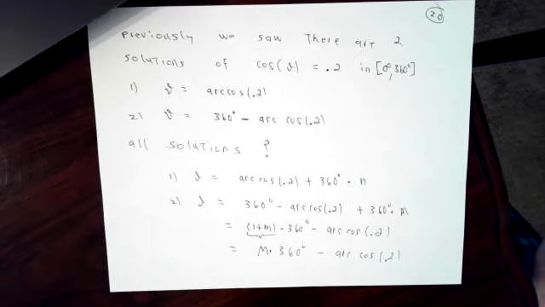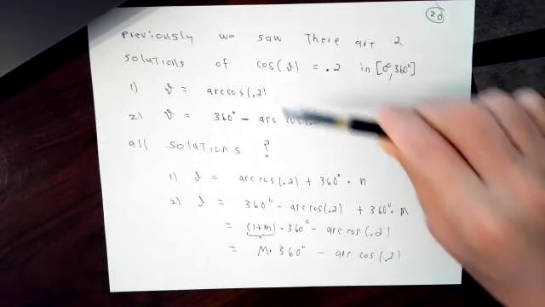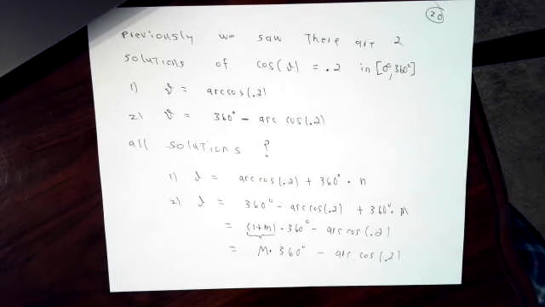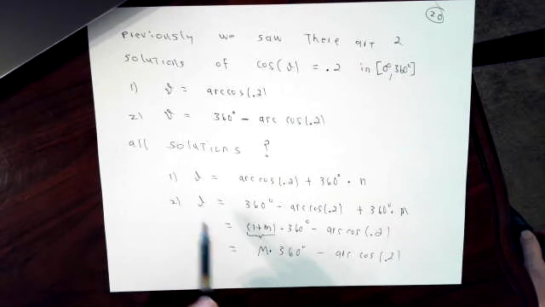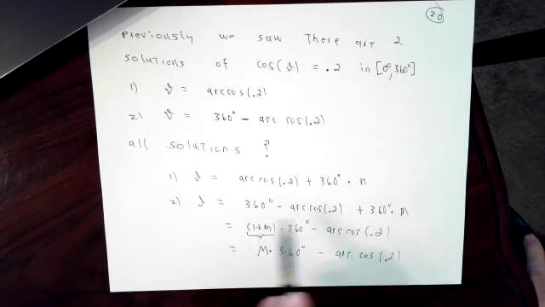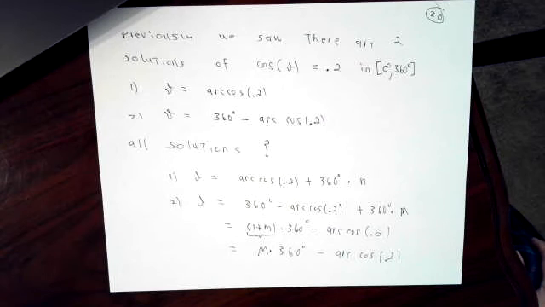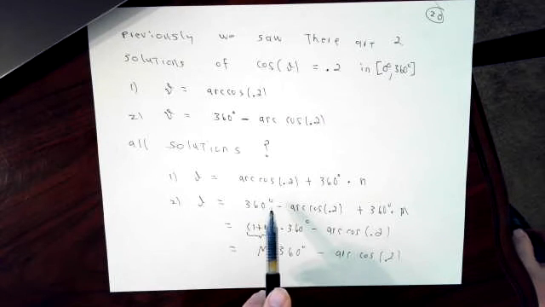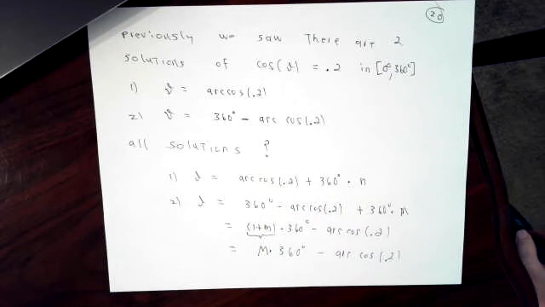To finish answering question B, previously we saw that there's two angles in 0 to 360 that will make the cosine equal to 0.2, and these are the two angles. If I take that first one and add a whole number times 360 to it, I get the arc cosine of 0.2 plus 360 times n, where n is short for integer.